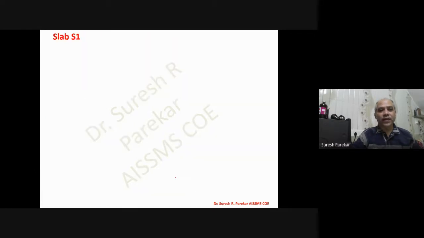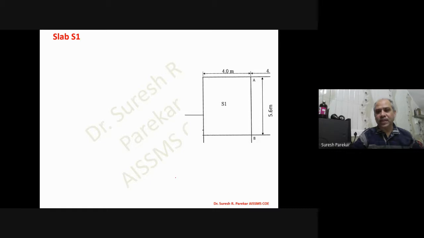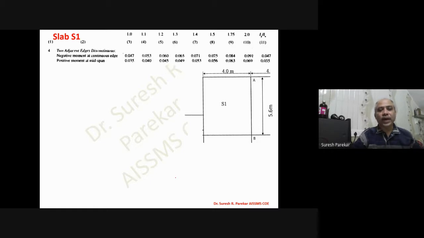Now we will calculate Ly by Lx, which is 5.6 by 4, giving me 1.4. And for 1.4, along short span, for support moments 0.071, and for span moment 0.053.